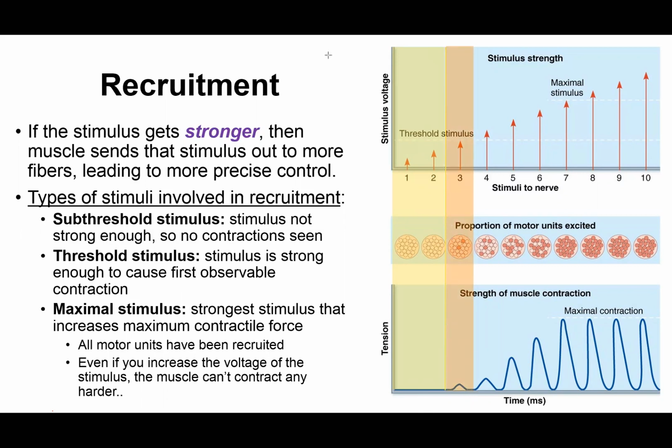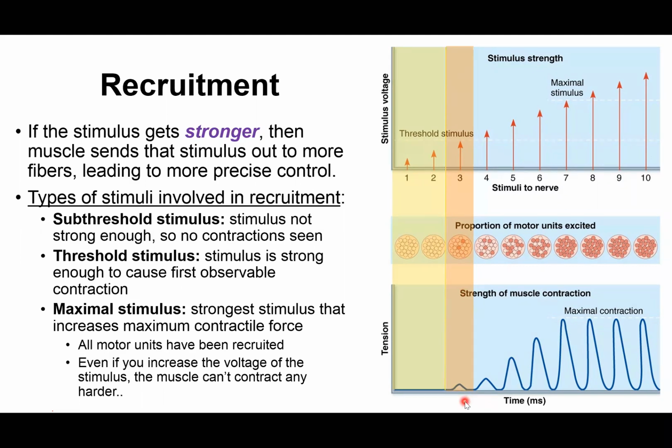So now we have met our threshold. We see 2 fibers that were probably innervated by the same motor unit being stimulated, and we see our first contraction here on the myogram.